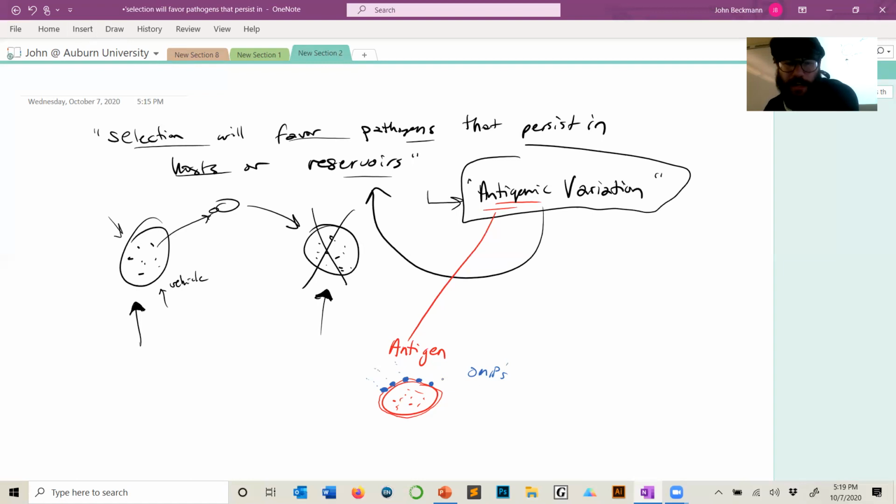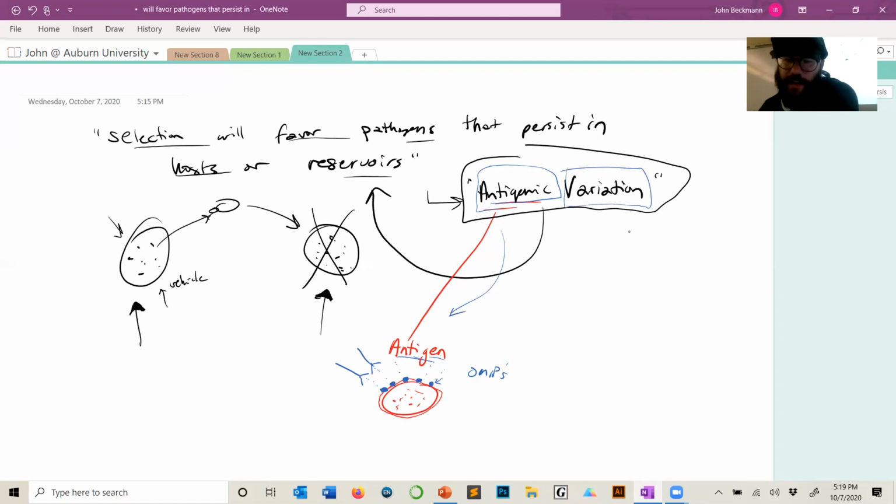They're looking to touch, and the touch is conveyed by these outer membrane proteins, these proteins that are on the surface. And our immune systems build antibodies which recognize these proteins, which we call antigens. So we understand the first term, antigenic, referring to antigens, which would be, for example, the OMPs.